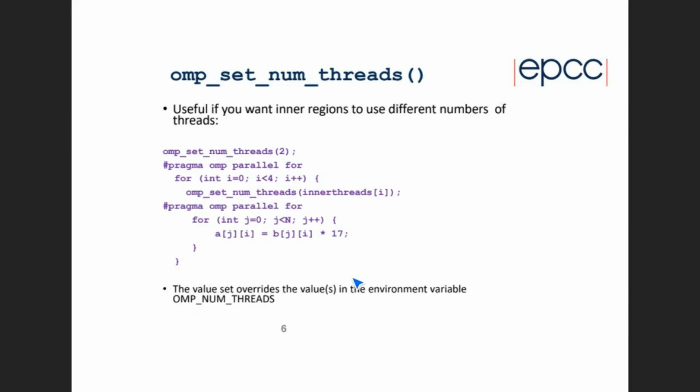You can in principle use this function to control the number of threads for every instance of every parallel region that gets executed in the code. So you can explicitly control the size of every team of threads that gets created.